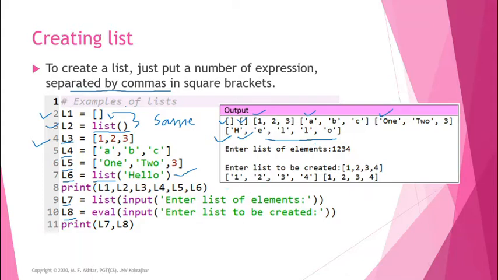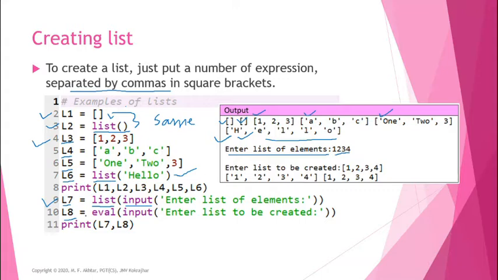Now we can create lists by taking input from the user through keyboard. It is also possible. Here we have created using the list function. We are asking using the input function to enter a list of elements. Now see, when this statement runs, it asks you to enter list of elements, and we have put 1 2 3 4, 4 numbers.